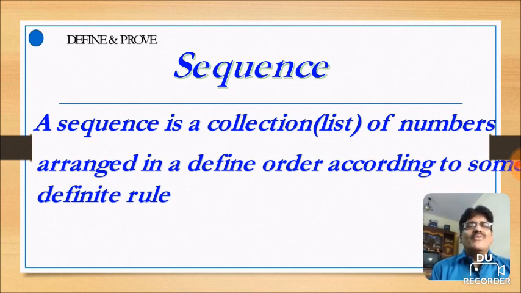Define and prove. Sequence. A sequence is a collection, that means a list of numbers arranged in a definite order according to some definite rule.